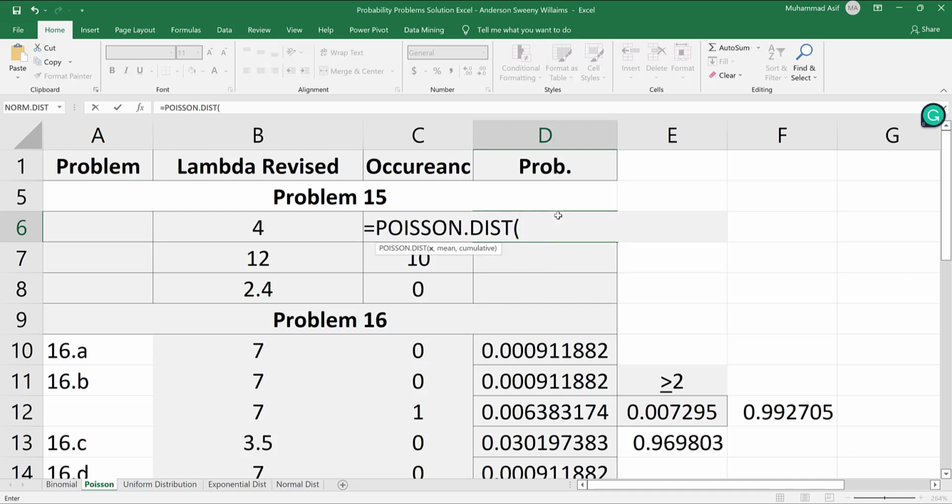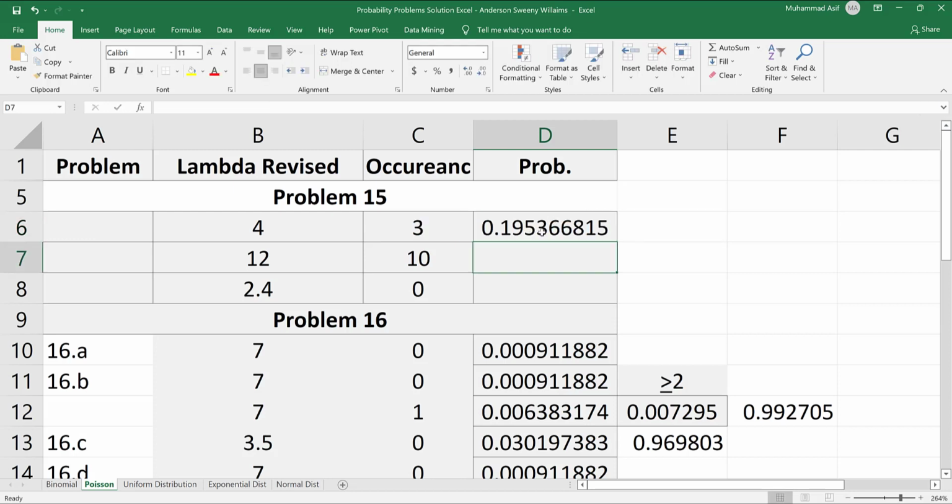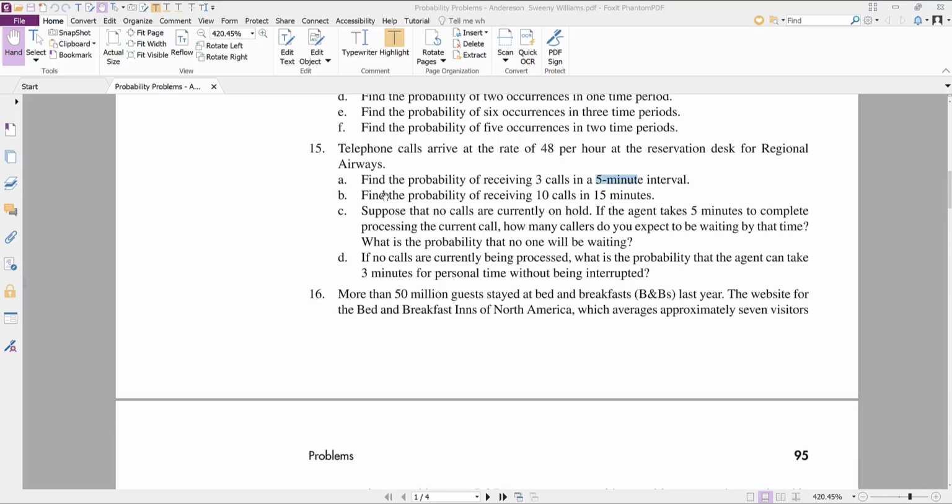As you can see, in the suggestion it says X, that's the number of occurrences in which we are interested, that's 3, and the next is mean, which we know is 4, and the next suggestion is cumulative. No, it's not cumulative, false, and that gives a probability of 0.1953 or 19.5%.